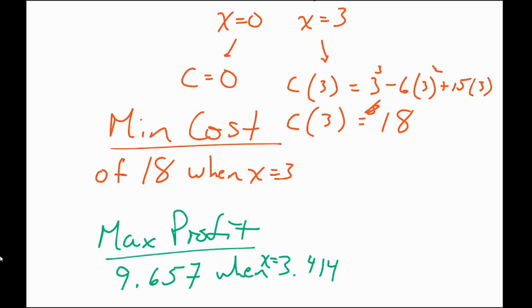The minimal cost is just what it's going to take for you to spend the least amount of money. So if for some reason you don't have a lot of money, you could spend the least amount of money if you just make 3 x's, or 3,000 if it's in thousands. But if I want to make the most money, then I'm going to have to produce 3.4. I'm going to have to produce a few more.